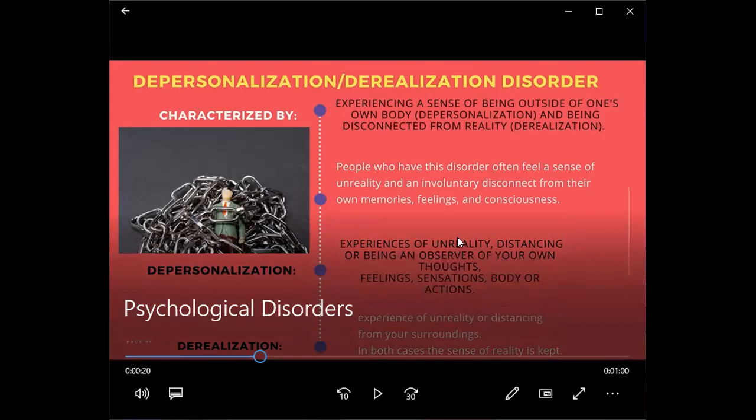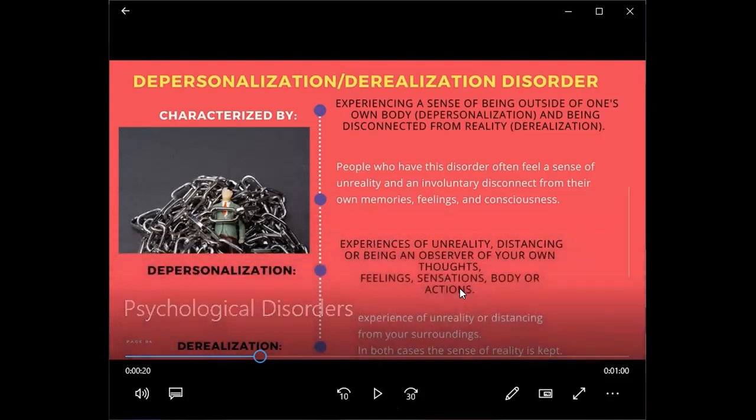So your experiences of unreality, distancing, or being an observer of your own thoughts, so you're out of your own body. That would be depersonalization, and derealization would be disconnecting from your memories, feelings, and consciousness.